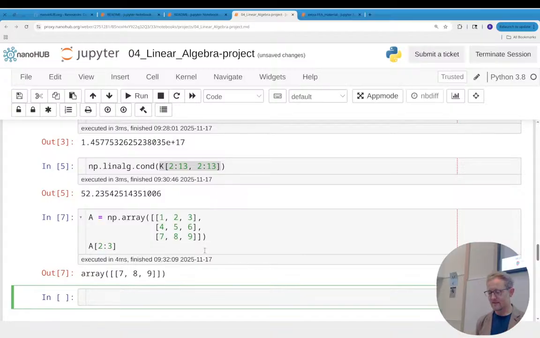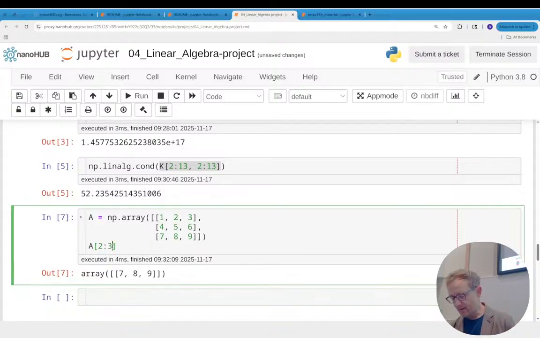This one's a little weird. It goes start, stop, step. So we started at 2 and went to 3, but it won't include 3. It won't include the third row. There is no third row. And then the step size was 1.